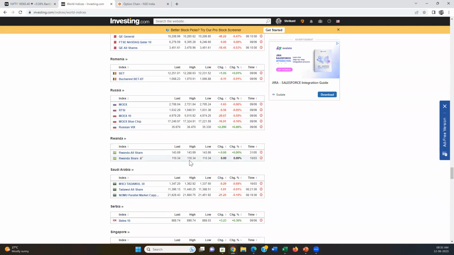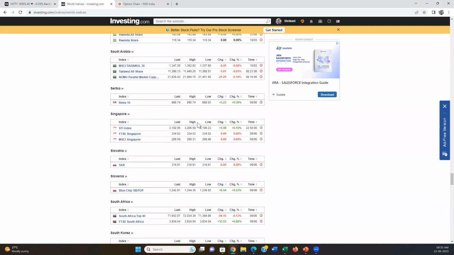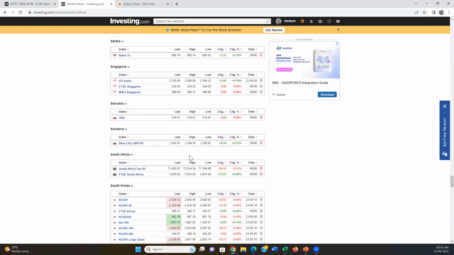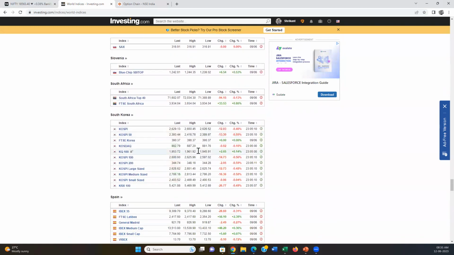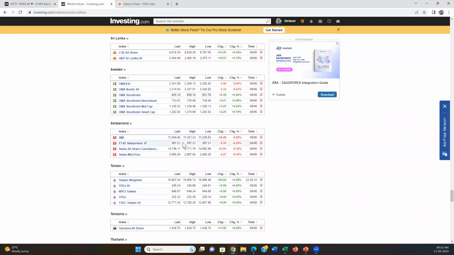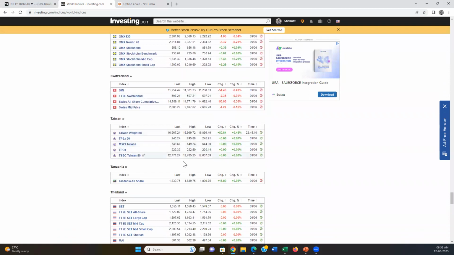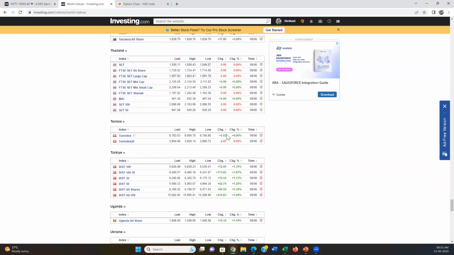Russia flat. Singapore also flat. South Korea flat. Taiwan slightly positive. So we'll have to consider these emotions also. If it is positive, we'll have to be very careful in this case.